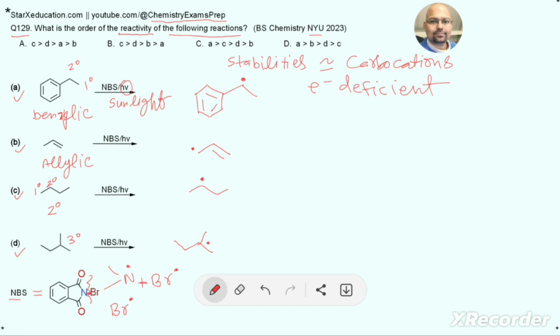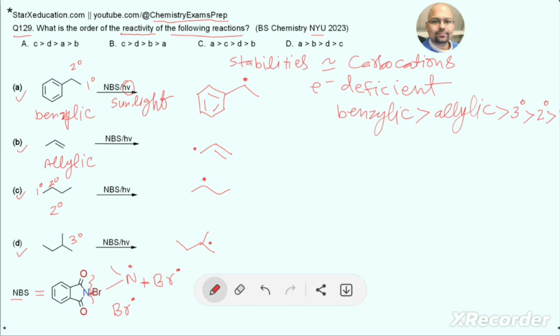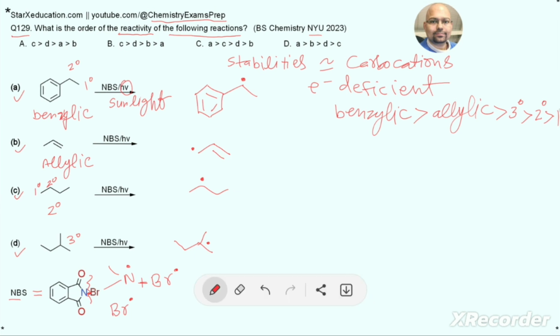Therefore, their stabilities would be in similar order, which is a benzylic free radical would be more stable than allylic one, and allylic would be more stable than the tertiary, and tertiary would be more stable than secondary, and least stable would be the primary free radical.